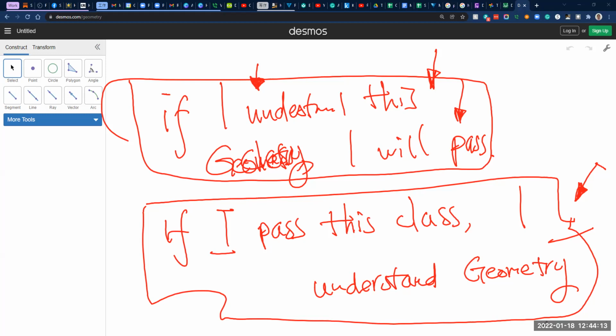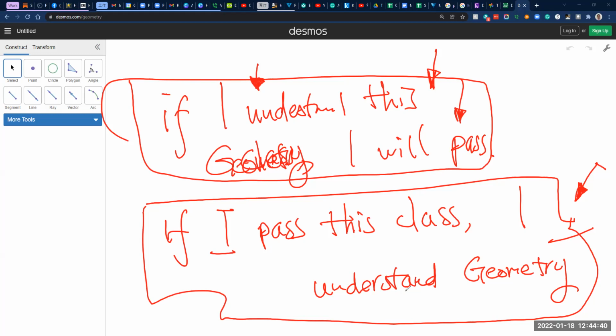Yep. Because you could get A without understanding what you have learned, or you probably will just memorize enough to get the A and then forget everything about it. Good. Sometimes in real life, when dealing with logical thinking, people confuse this.